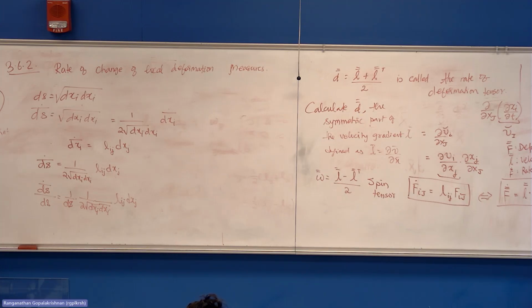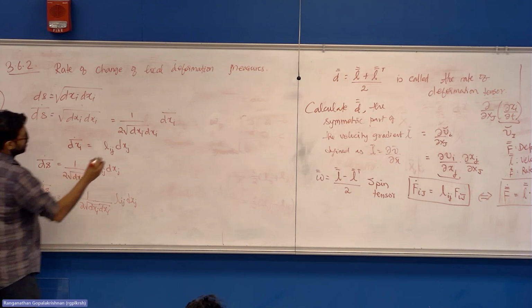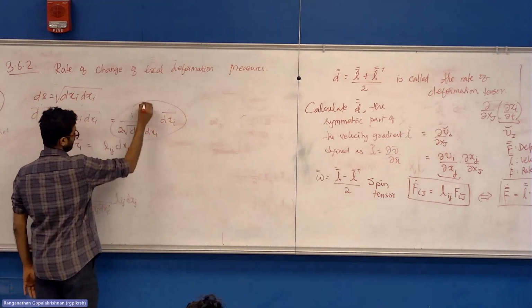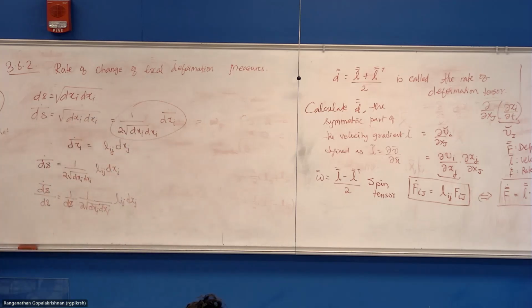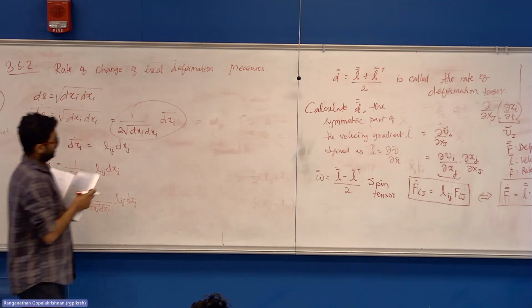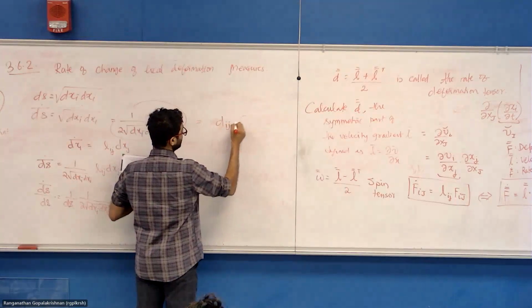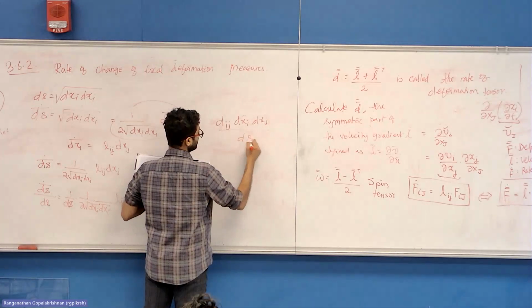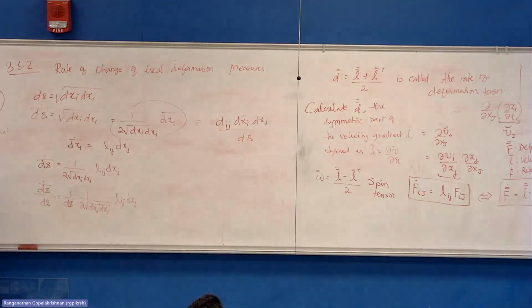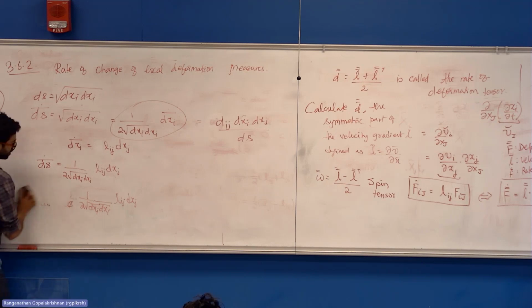So the book here skips one step. They write this, and then they say the next step is this equal to dij dxi dxj divided by ds. They just directly write this here. I would like to understand why or how. Forget all this.